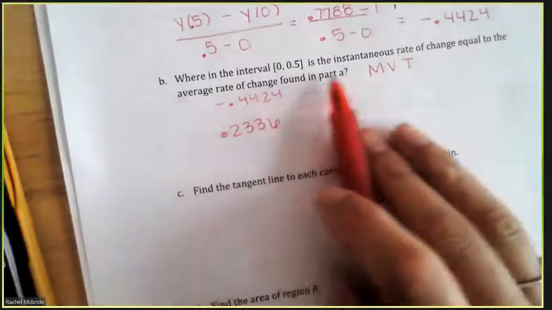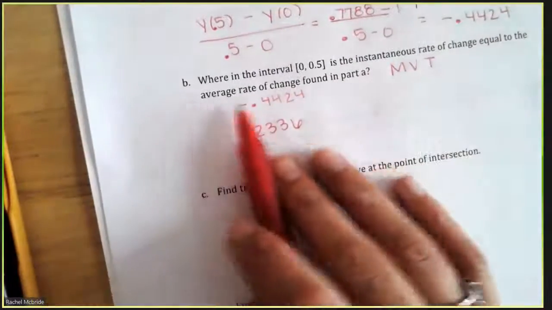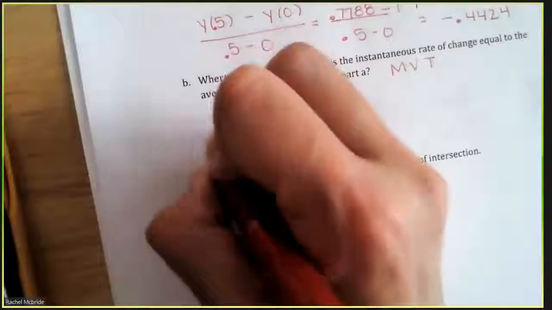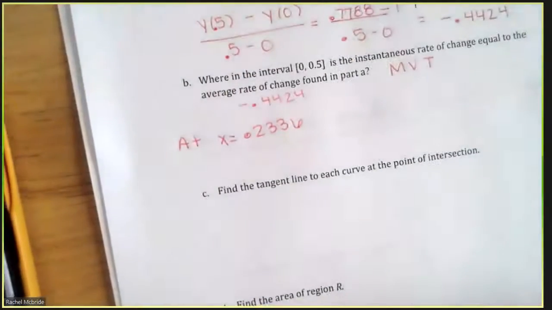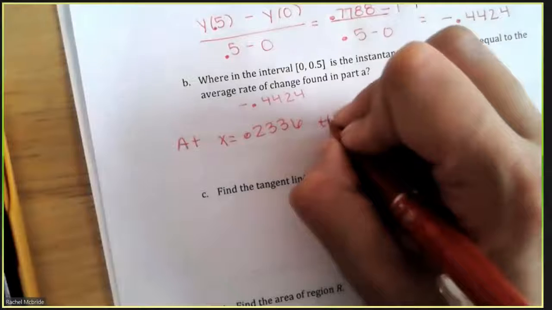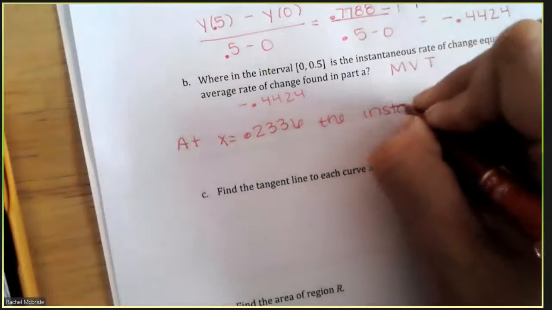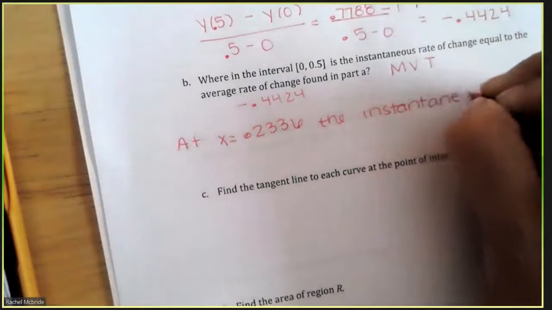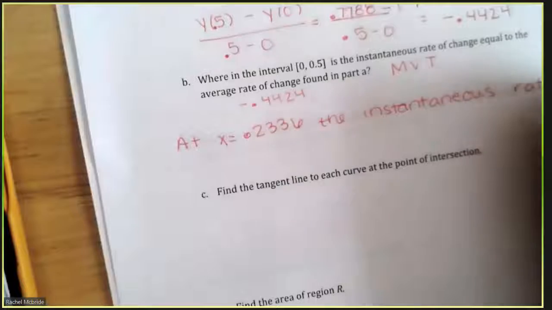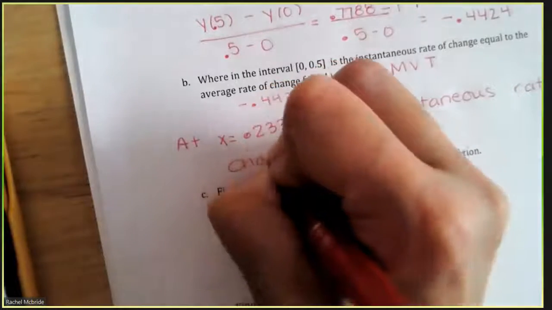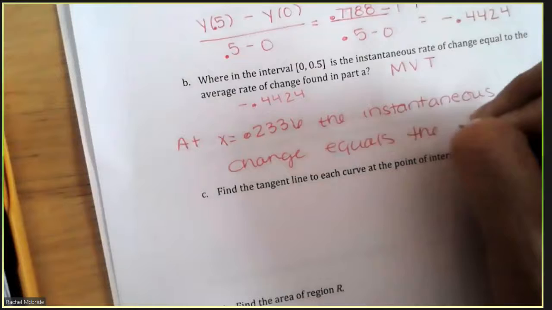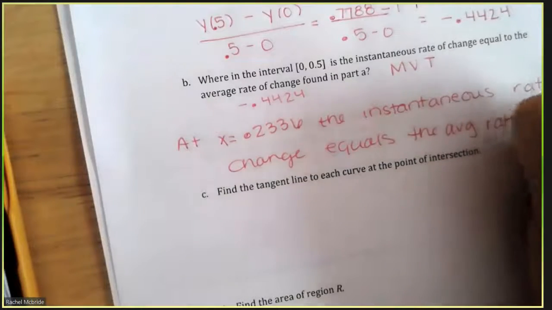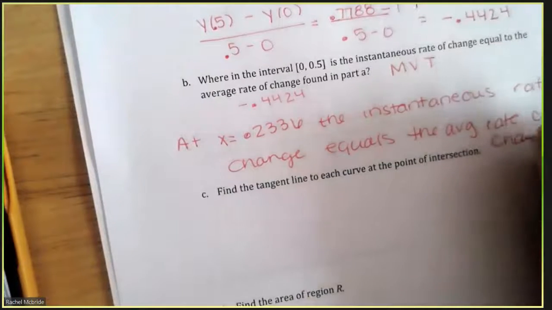So it says where in the interval is the instantaneous rate of change equal to the average rate of change. So I would say at x equals 0.2336, the instantaneous rate of change equals the average rate of change.